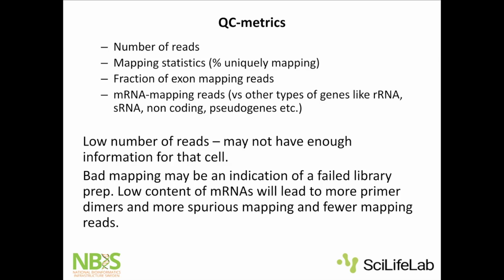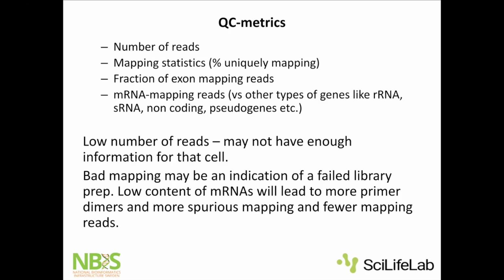If we have a low number of RNAs going into a library prep, we will have fewer reads and fewer genes. We will also have more primer dimers and weird stuff in the library prep that will lead to weird mapping statistics and so on.